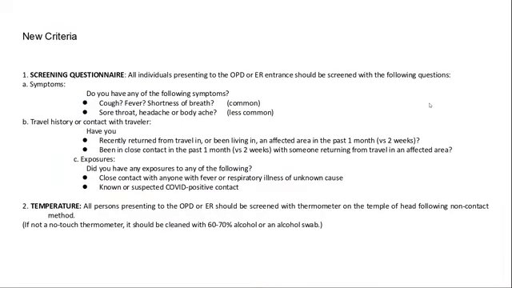So now let's talk about our testing criteria in Nepal. So the new criteria is that any patient who comes to your hospital or fever clinic, you want to throw out these screening questions about symptoms, and most important, you want to question about their travel or exposure to people who have traveled, and you want to check their temperature.